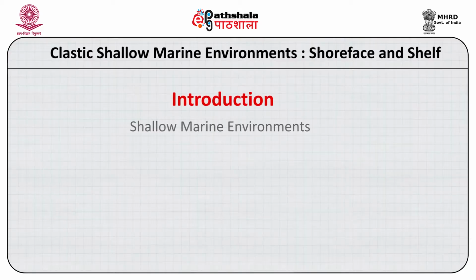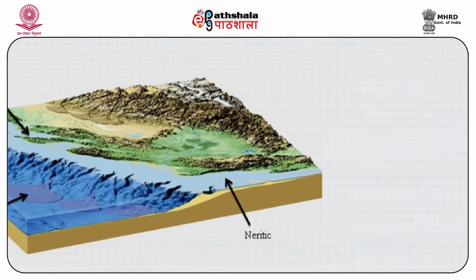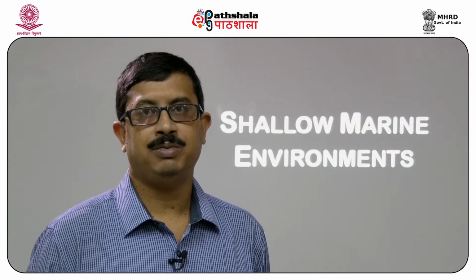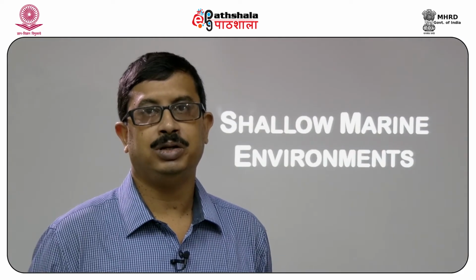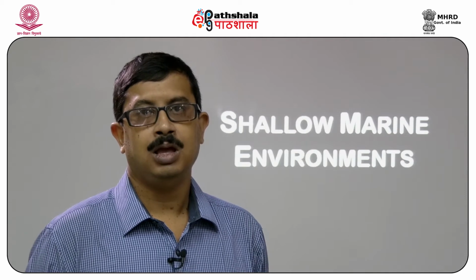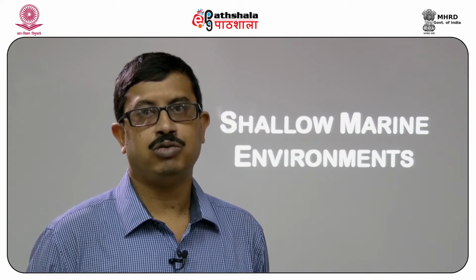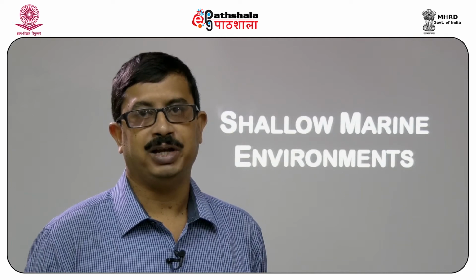Now, the marine environment can be subdivided into two parts, shallow marine environment and deep marine environment. Shallow marine environment encompasses up to the shelf break, that is the neritic zone. So, shallow marine environment basically includes the continental shelves, the inner portion of which is wave dominated and the lower or outer portion is current dominated.